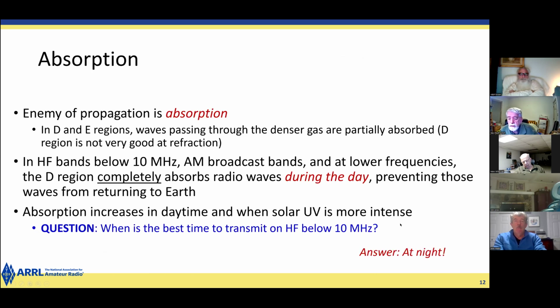Well, the answer is at night, when the D and E layers have disappeared. It's also the best time to listen for distant AM broadcast stations. And there are actually broadcast DXers who do just that. Listen for distant AM stations.